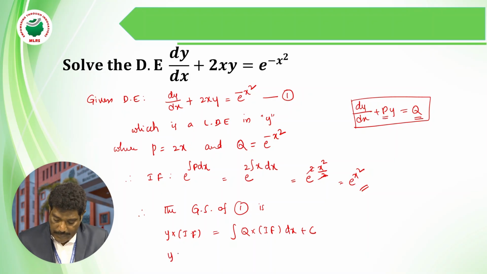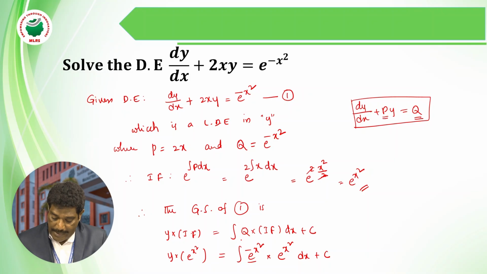Then y into integrating factor will be y e power of x square, that equals integration of q, where q is e to the power of minus x square, into integrating factor e power of x square, into dx plus c. Now here e to the power of minus x square and here e to the power of plus x square. Here the bases are equal, so the powers should be added.